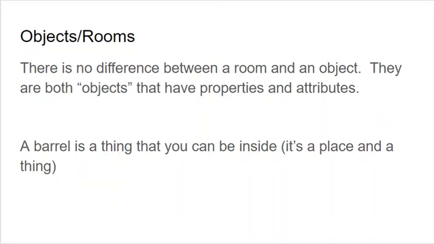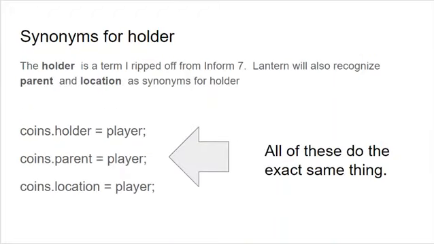And again, where something is in the world is specified using the holder property. But there's two other synonyms for it. I took the term holder from Inform 7, and later I found I didn't like the term holder. It didn't seem to describe it very well. I think the term parent is better, or location is also an improvement. So parent and dot location are synonyms for dot holder.